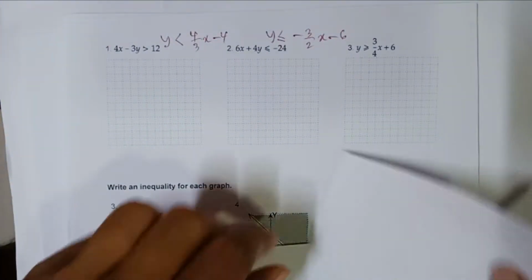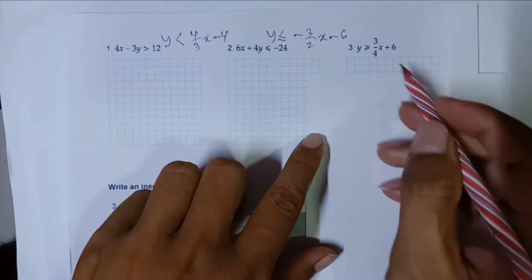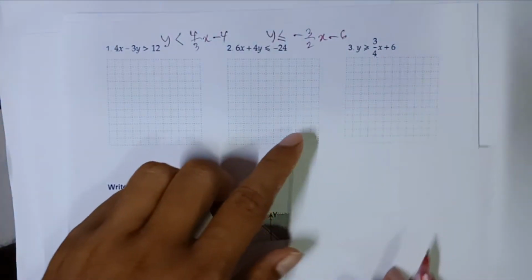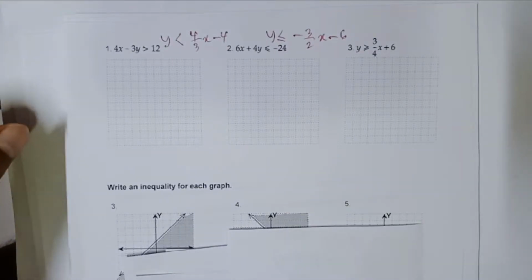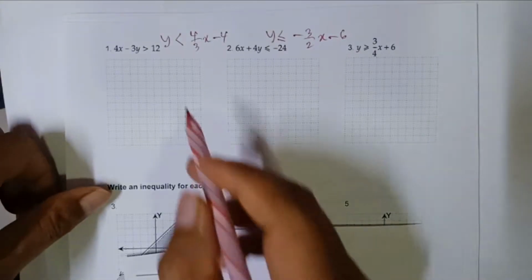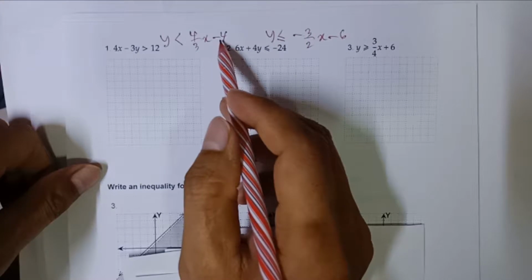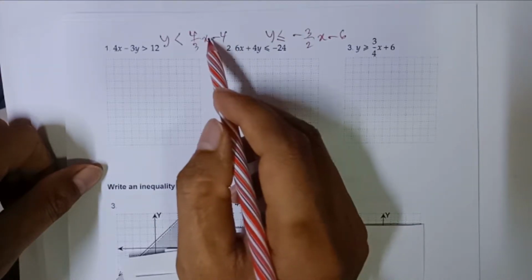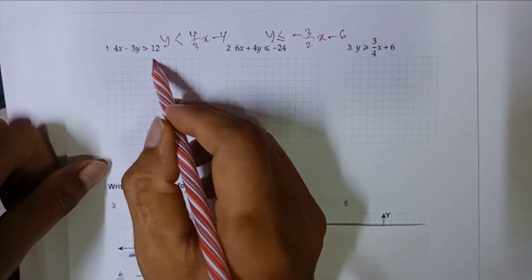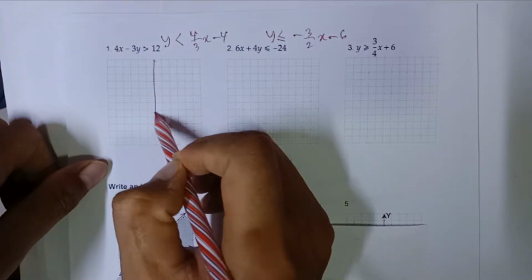Now for the third inequality, it's already given in the simplest form. Okay, now let's begin. Let me try to roughly draw the graph. It seems like our biggest number in this case is 4, so let me draw right in the middle.